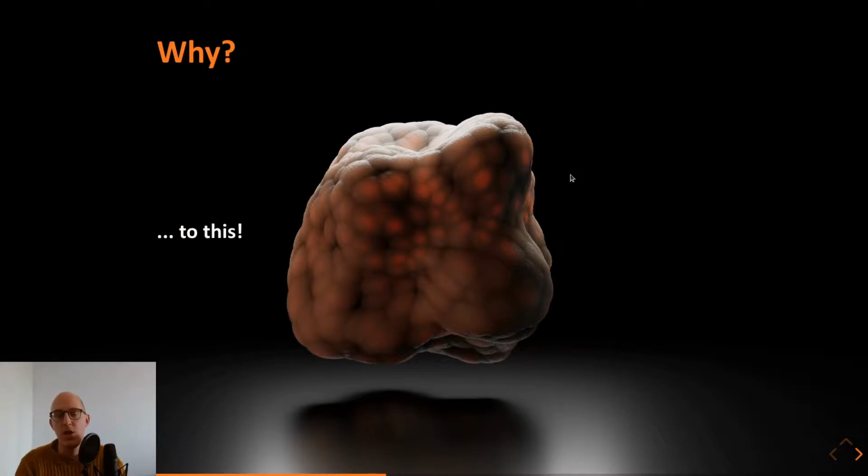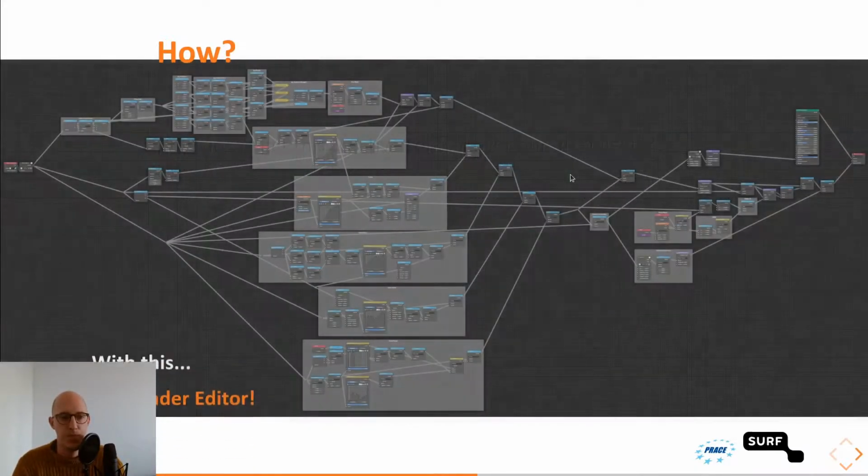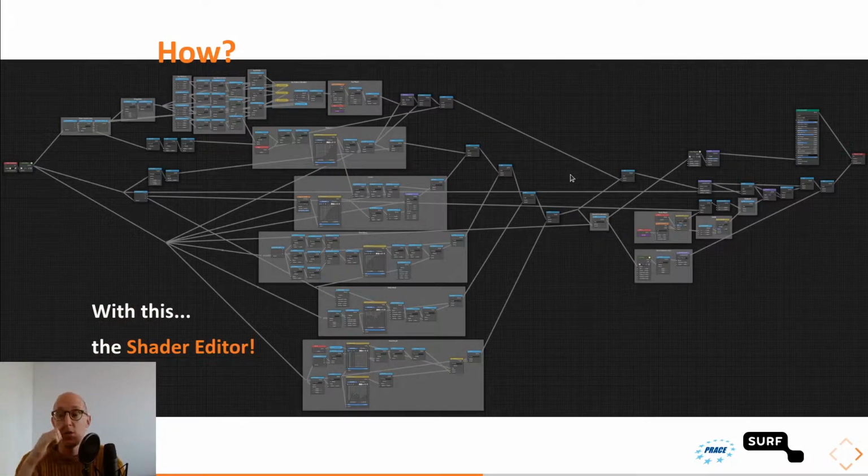So now that we know why with some examples, we're gonna go to the how. So how do we get this creative control over your 3D objects in the scene? With the shader editor, which I already spoiled before. But as you can see, this is a very complex node network.